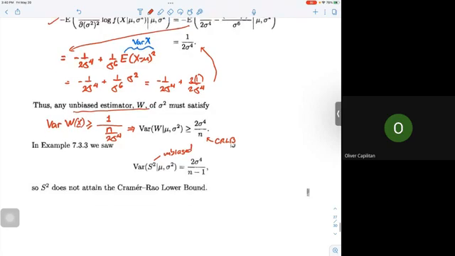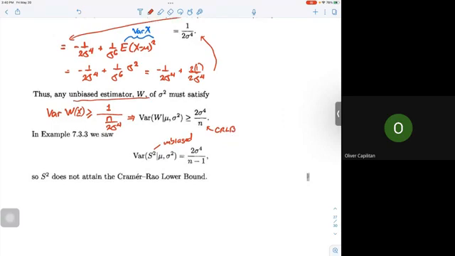And since 2 sigma to the 4 over n minus 1 is greater than 2 sigma to the 4 over n, S squared does not attain the Cramer-Rao lower bound. Okay, so mas maliit talaga itong Cramer-Rao lower bound.